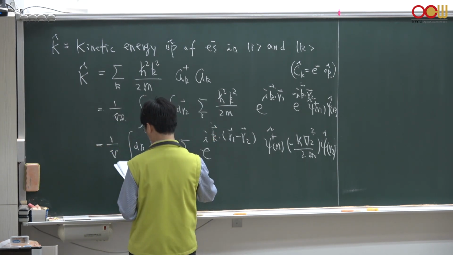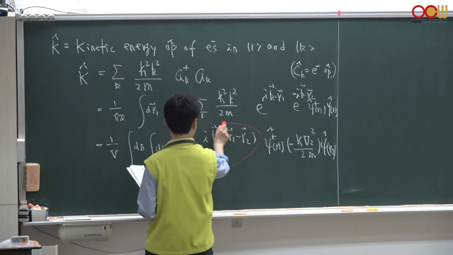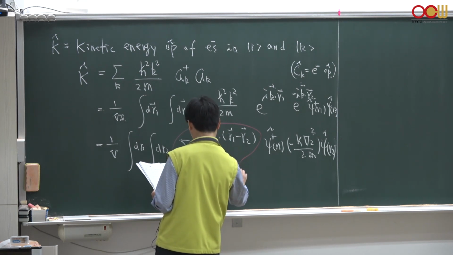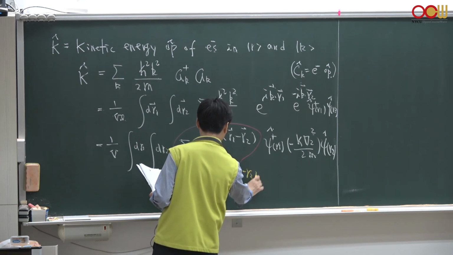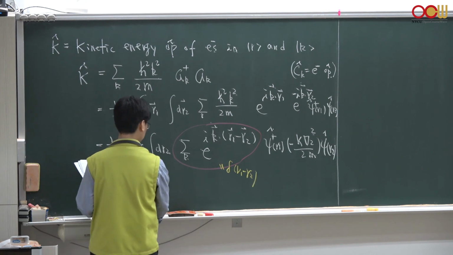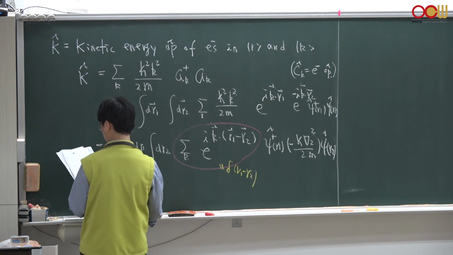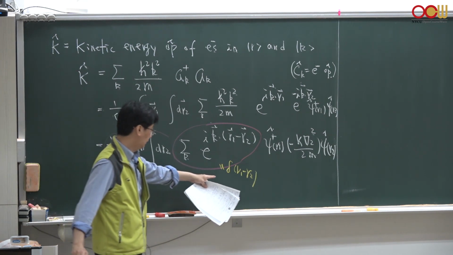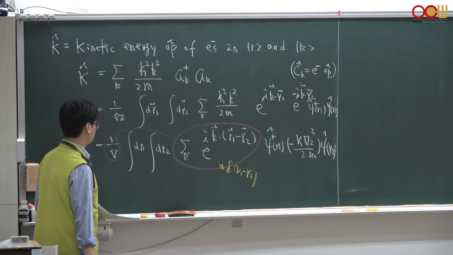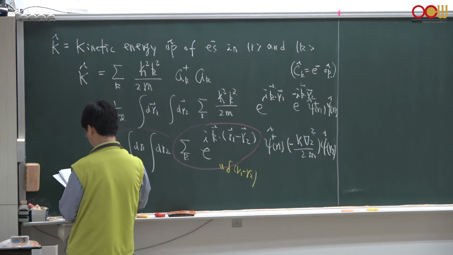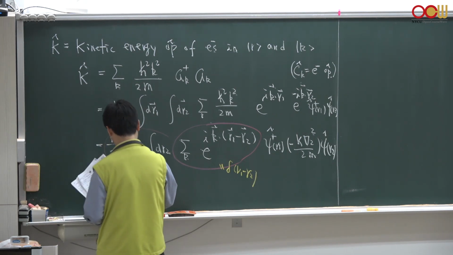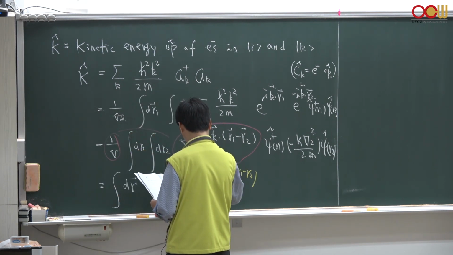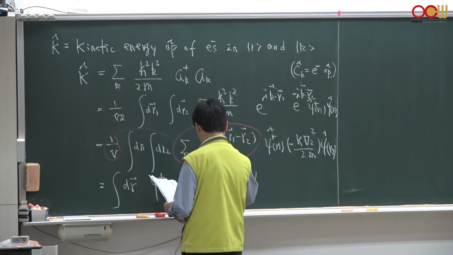And you could just do this summation over k, and this is nothing but the Dirac delta function, delta of R1 minus R2, right? Of course, there's a volume here. And you can get rid of one of these integrals, the R1 and the R2, by taking advantage of this Dirac delta function. So once you do that, you get just a single integral over R of psi dagger of R, minus h bar squared gradient squared over 2m, psi of R.